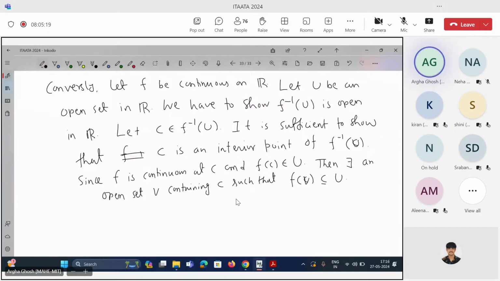So now this will imply, clearly, c belongs to V, a subset of F inverse U. So hence c is an interior point. Thus c is an interior point of F inverse U. This proves that F inverse U is an open set.